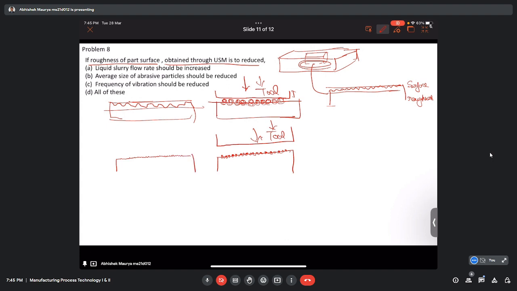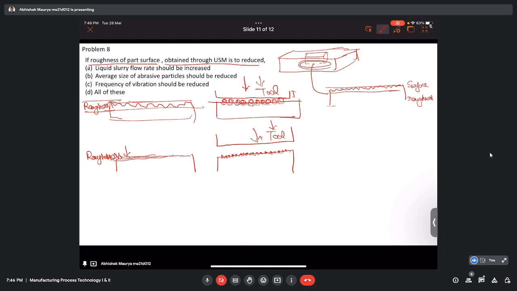Now if you check the surface roughness of this one, this is high surface roughness. Roughness is higher. Here we have very small surface roughness. Roughness will go down. So surface roughness is coming because of the size of particles we are using.